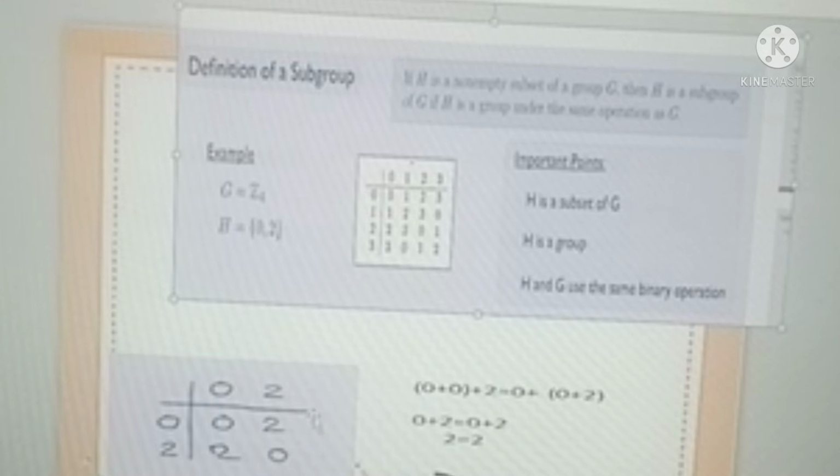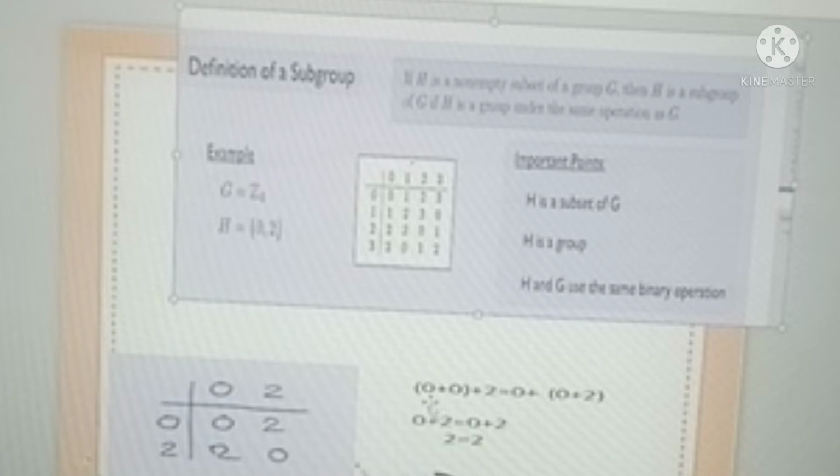Dayon, atoang i-test niya kung associative, kay according ani nga second nga important point, group siya: associative, napon siya closure, napon siya identity, napon siya inverse. So I'm going to select the associativity.